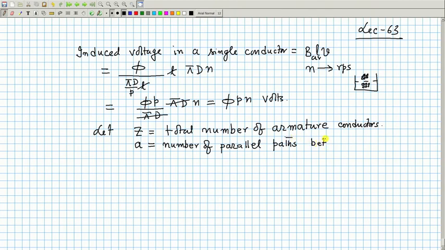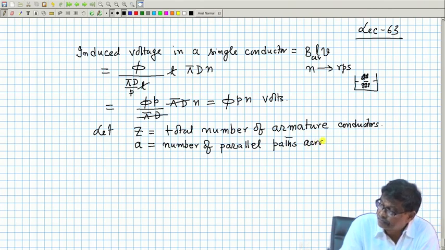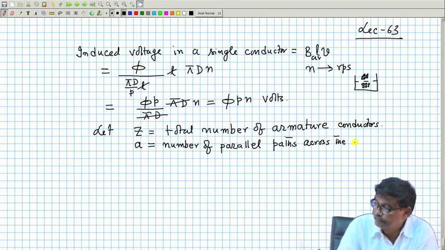Across armature terminals, that is good, across the armature terminals.